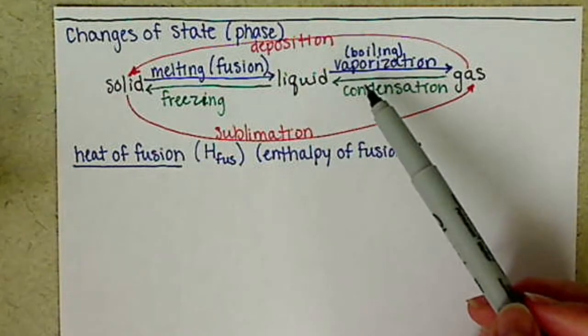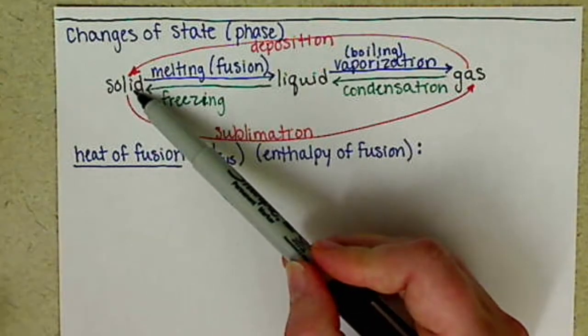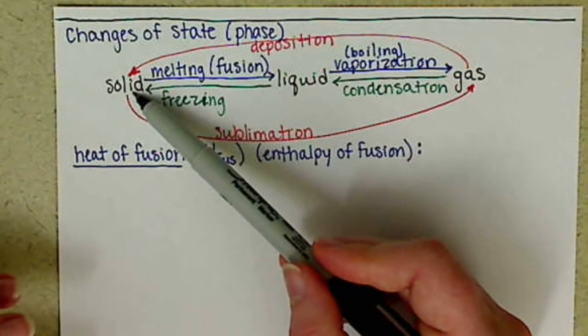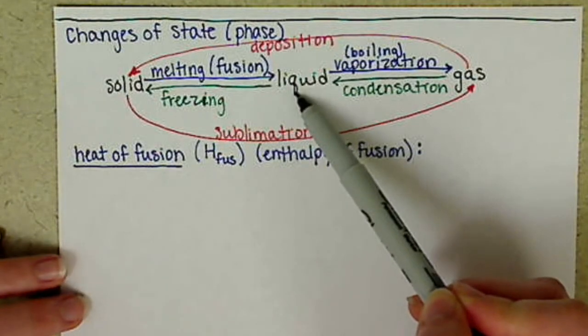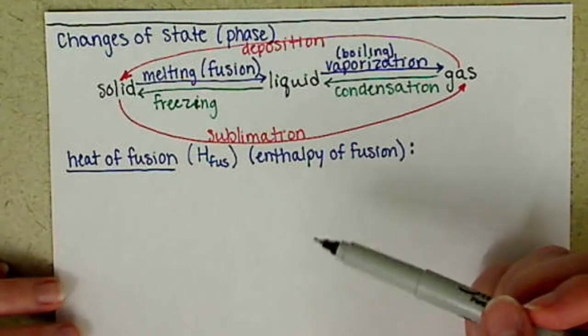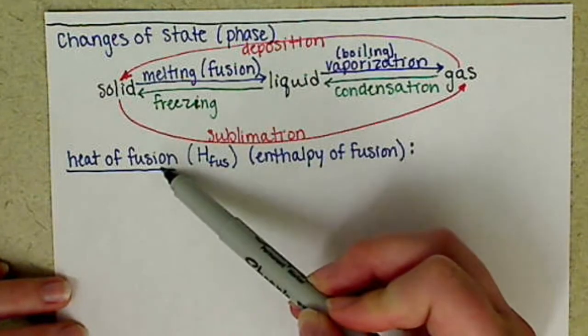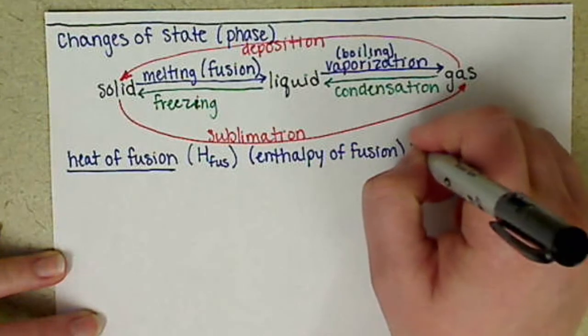So remember, one of the definitions of a solid versus a liquid is that in a solid, the molecules are very, very close together, whereas in a liquid they're starting to separate. So how much energy goes into separating those molecules, going from a solid to a liquid? That's the heat of fusion.